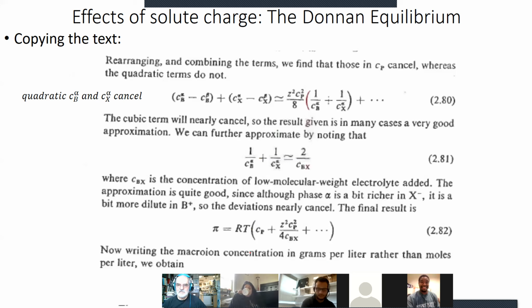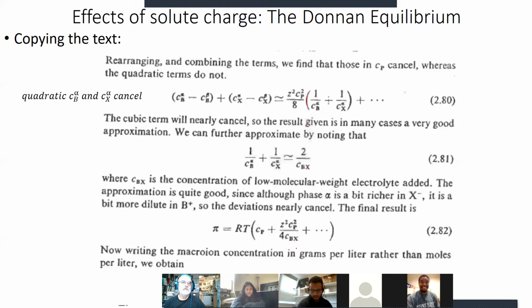So you'll have a CP alpha term, a CP term, and then you'll have this Z squared CP squared over 4 CBX. So when you plug this in, you'll have an ideal expression. And then you'll have this other expression that arises from the small difference in counterion concentrations. It involves CP squared over 4 CBX, and he changes units here.